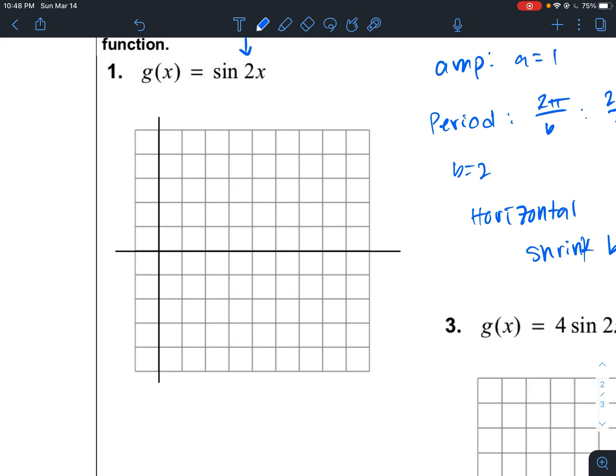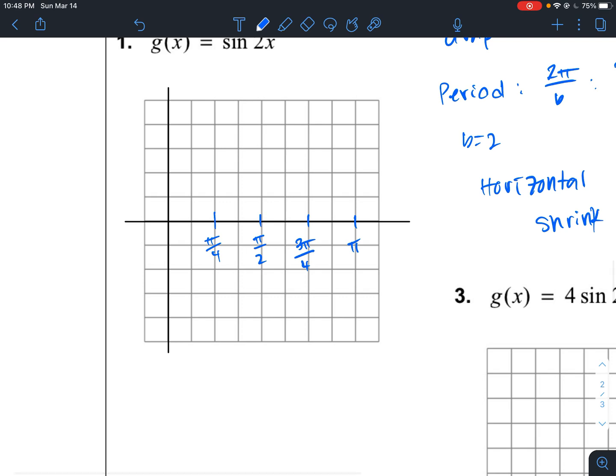So I'll say that this is pi over 4, and this we'll say is 2 pi over 4, which is pi over 2, and then we'll call this 3 pi over 4, and this one we will call pi. So each section is a fourth of a pi.